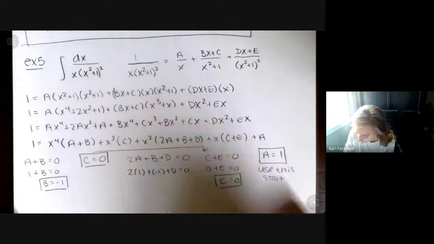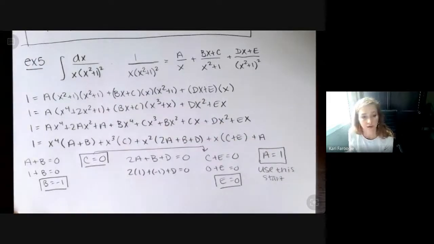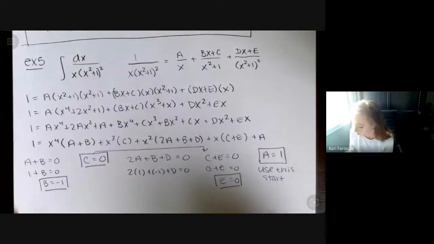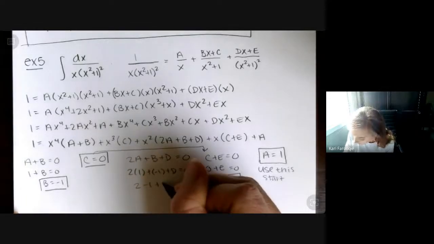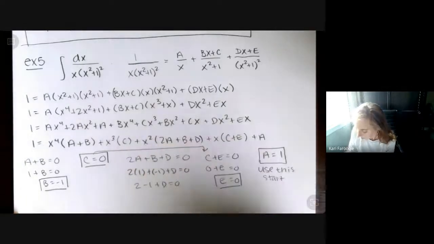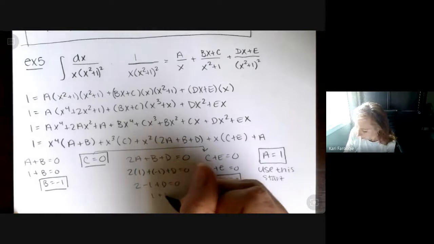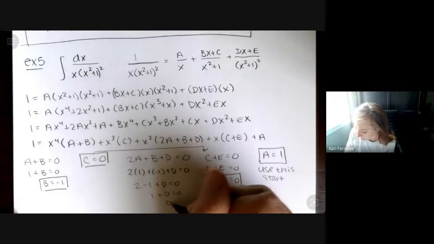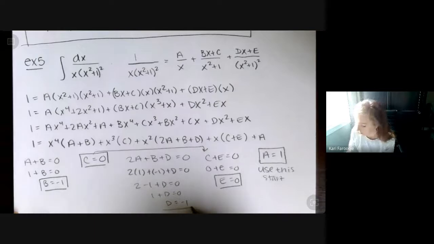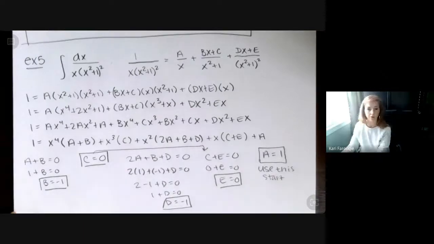And you can use that to solve for d. So a is 1, b is -1. You'll have 2 minus 1 plus d equals 0. 2 minus 1 is 1. And then subtract 1 from both sides, and you'll get d equals -1.